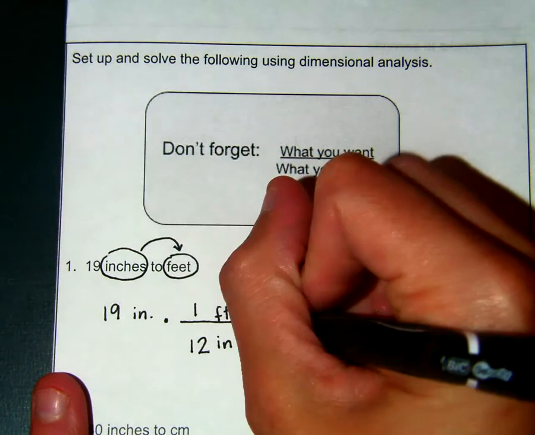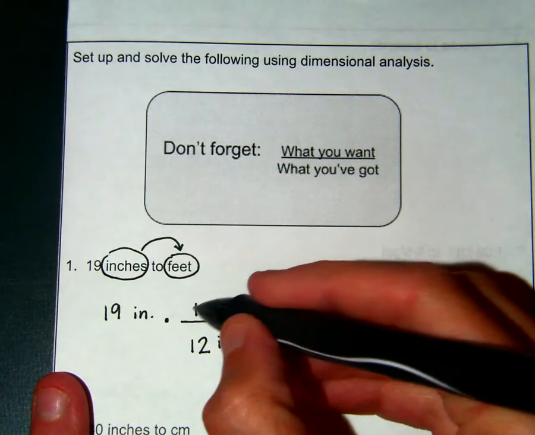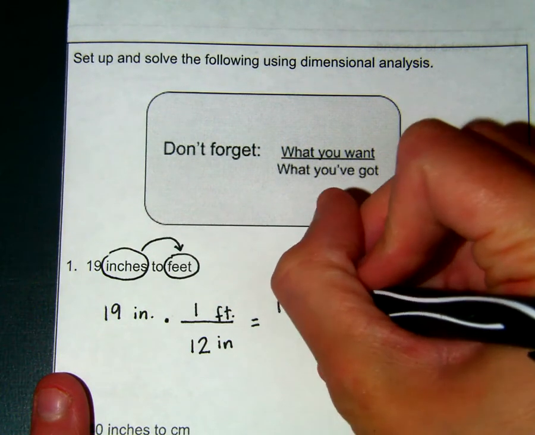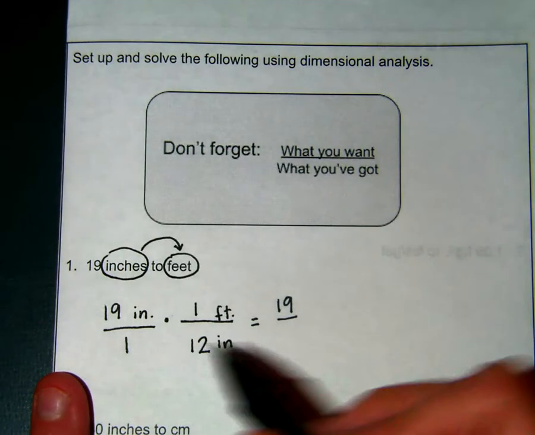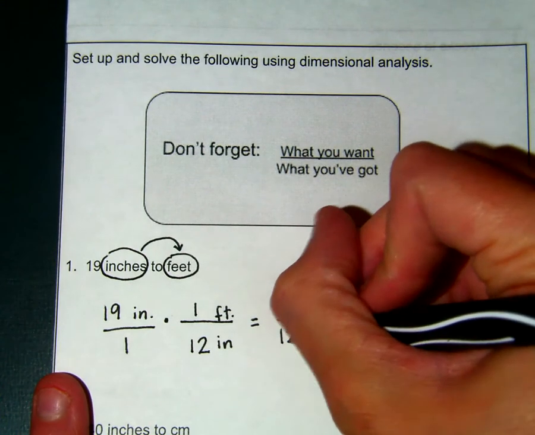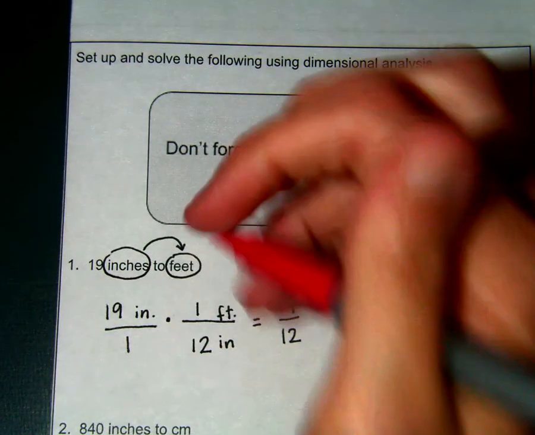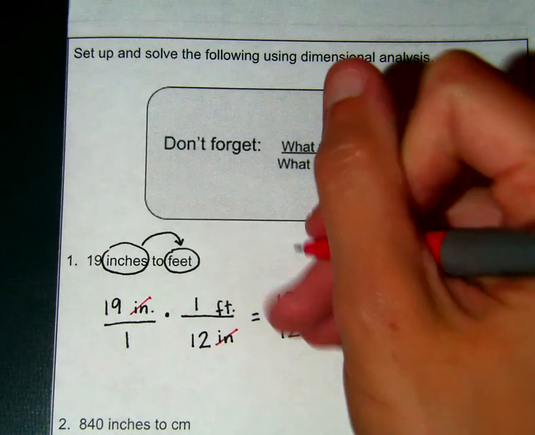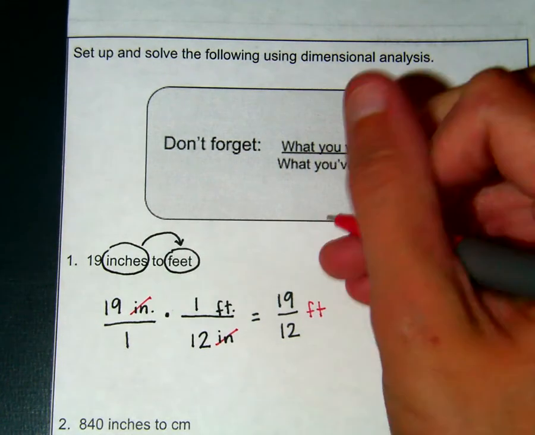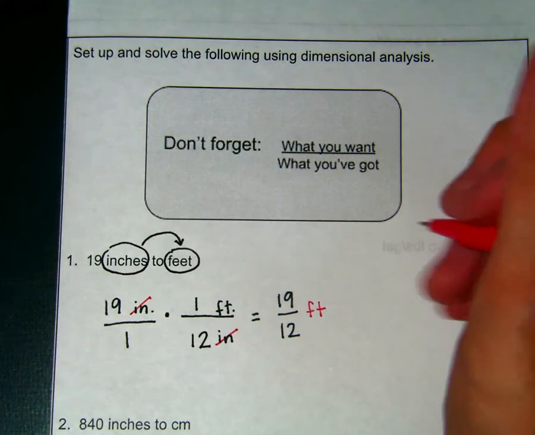Now, I'm going to multiply straight across. 19 times 1 is 19. This is like having a 1 on top. 1 times 12 is 12. My inches are going to cancel out. I'm left with feet. I do not want you to leave it as 19 over 12 for this answer.